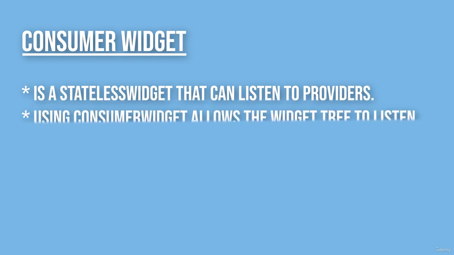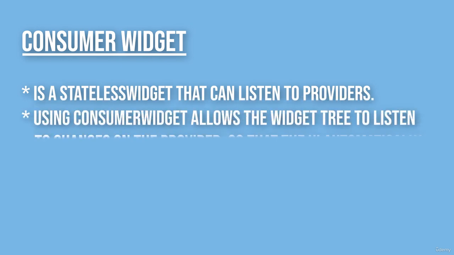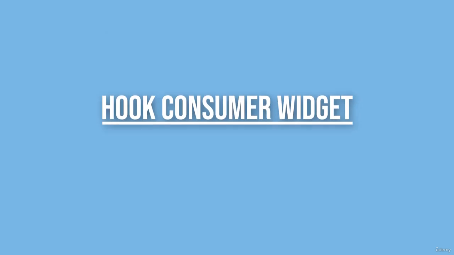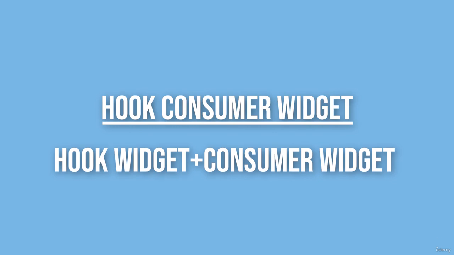Using consumer widget allows the widget tree to listen to changes on the provider so that the UI automatically updates when needed. In short, the Hook Consumer Widget is basically a combination of both Hook and Consumer widgets.